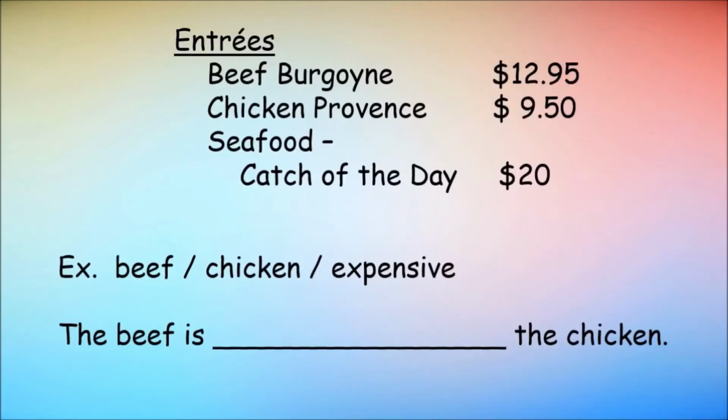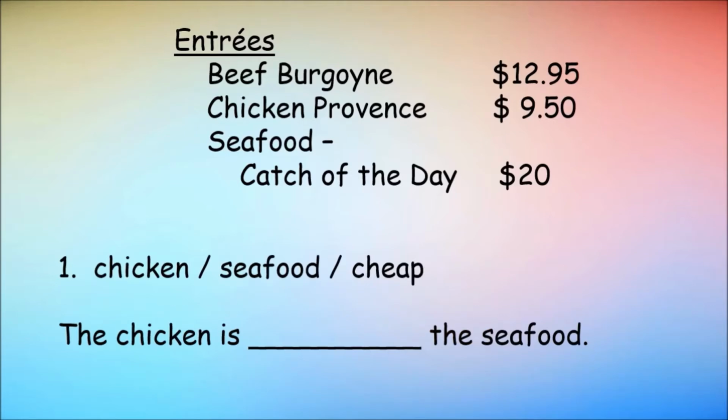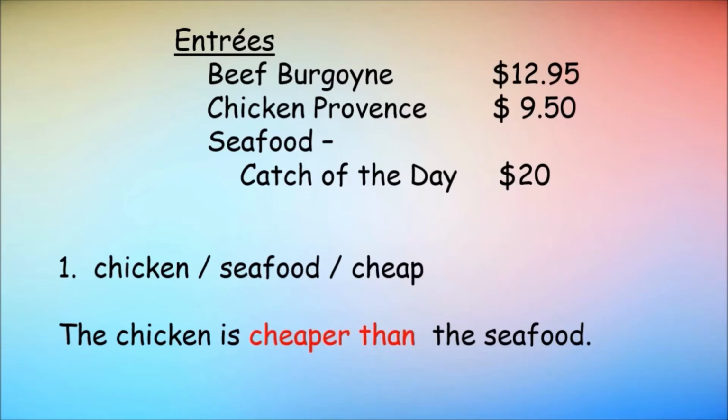Example: the beef is more expensive than the chicken. The chicken is cheaper than the seafood.